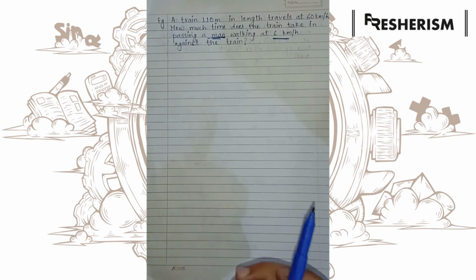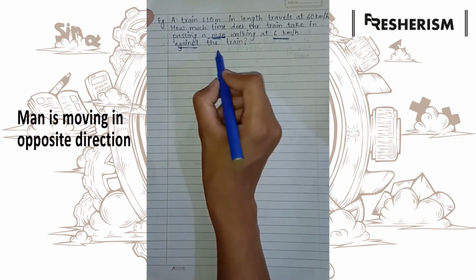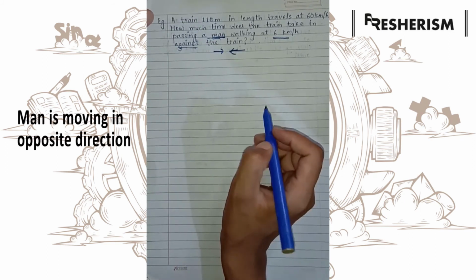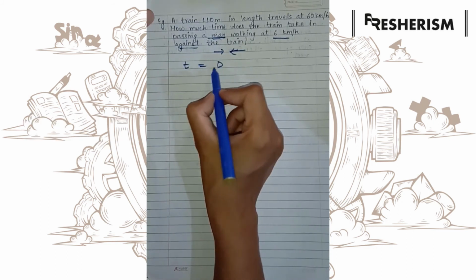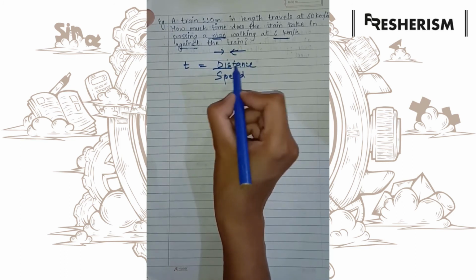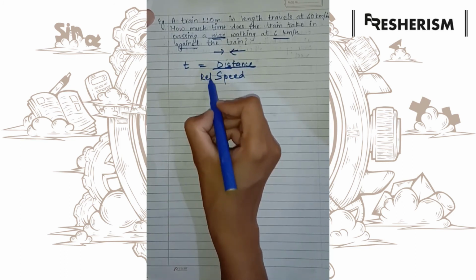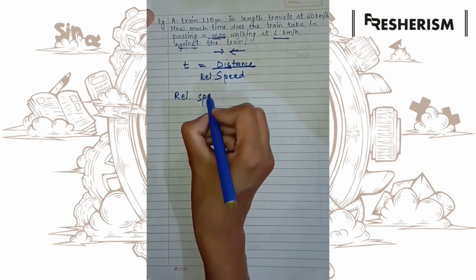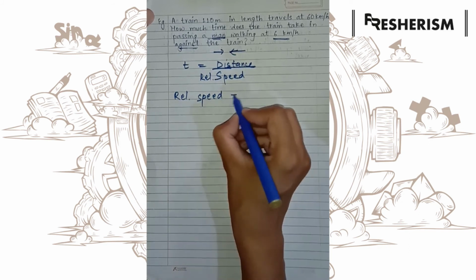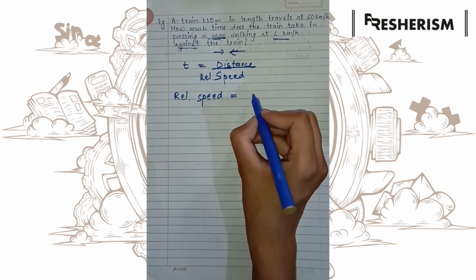And we are also given that the man is walking against the train, that is, they are moving in opposite directions. So again, the formula will be time equal to the distance divided by speed. And we have to find out the relative speed and the distance. So what would be the relative speed in this case? As they are moving against each other, that is in opposite direction, the relative speed will be the sum of the individual speeds.